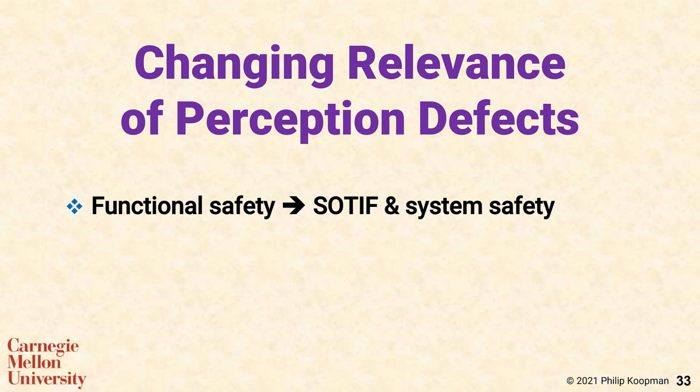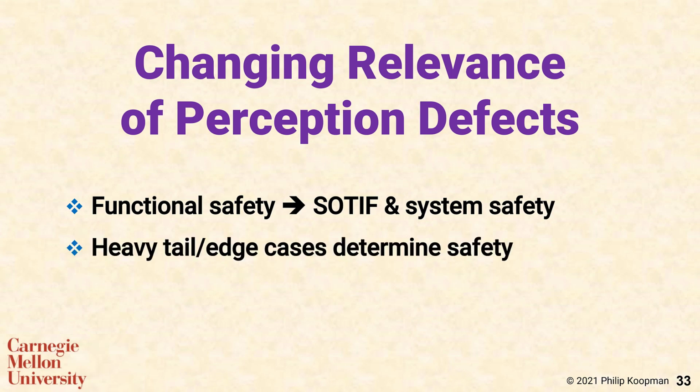Ultimately, safety of these systems will be dominated by the heavy tail edge cases, things that, despite as much testing as you can afford, are going to be things that you haven't quite seen before or some other surprise. You're going to need to push as far as you can out into the heavy tail to see everything you can reasonably see, but you need to keep a healthy skepticism as to the perfection of your engineering.